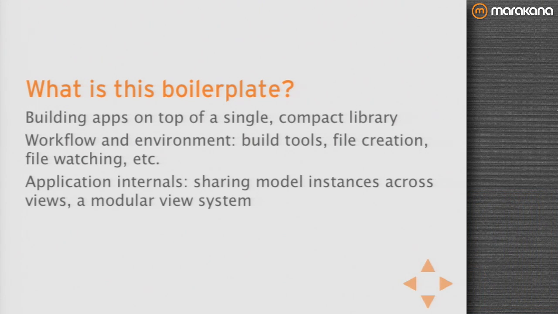And then there's some boilerplate that comes from application internals, which is basically sharing model instances across views. Especially when you keep your code modular, sharing these models between views is a problem that Backbone doesn't offer a solution for. And really writing a modular view system.